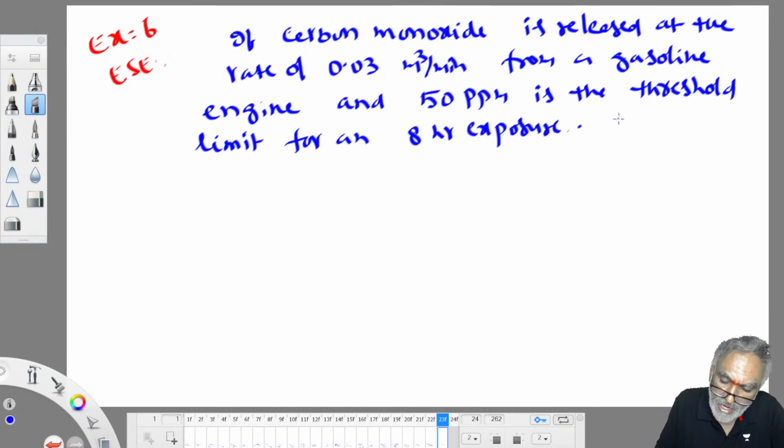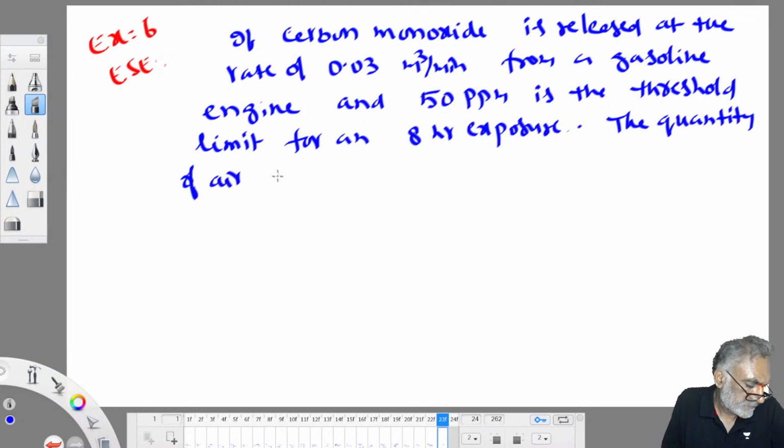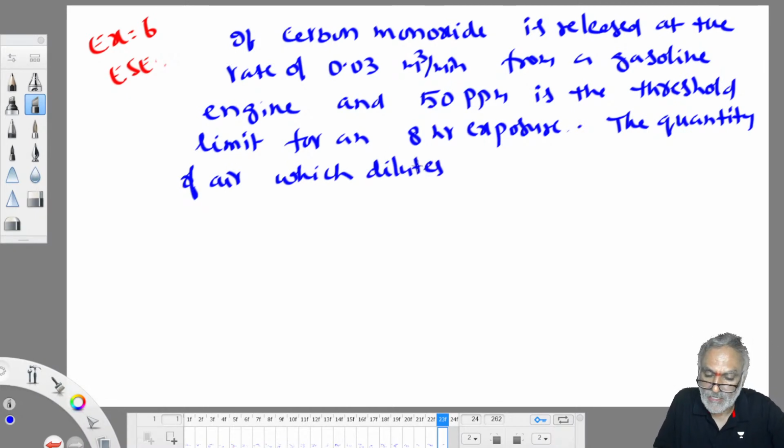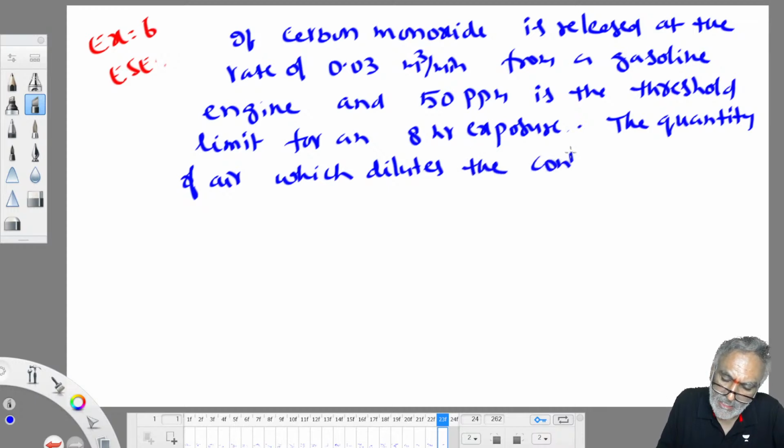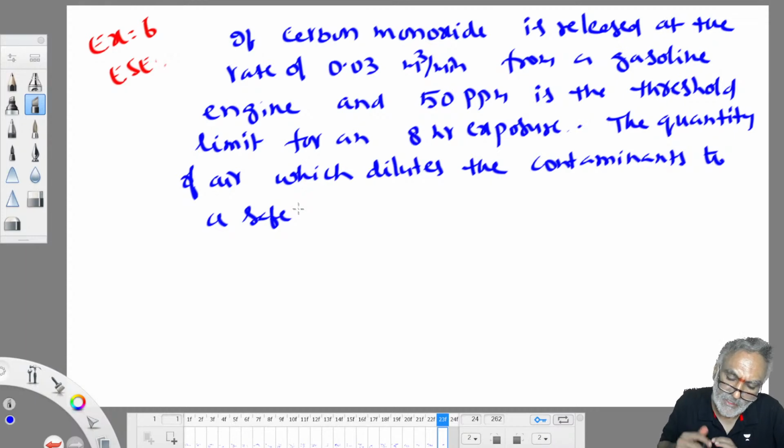The quantity of air which dilutes the contaminant to a safe level will be. So the smoke released from the gasoline engine contains carbon monoxide which dilutes with air, so concentration decreases. What is the safe level? 50. Threshold is 50, not more than 50.